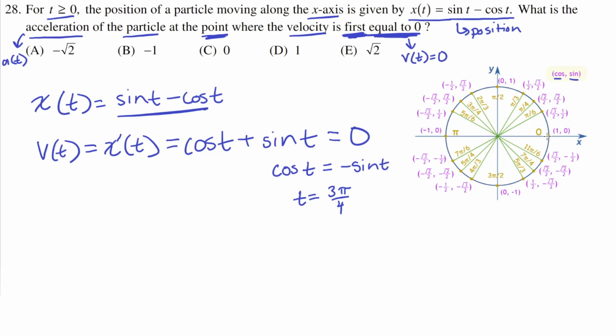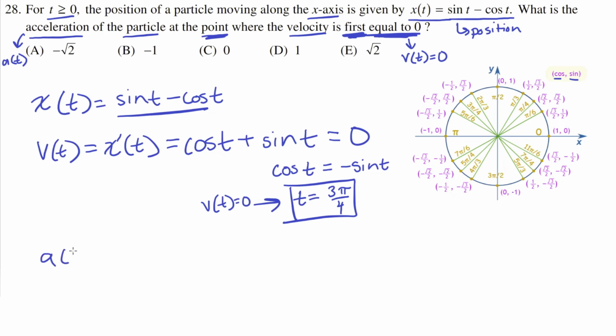So obviously starting from 0, this is the first time where cosine t equals negative sine t. So now we have our value of t where the velocity is equal to 0, because we just solved this function for t when v of t is set equal to 0. So we need to find the acceleration at this value of t.